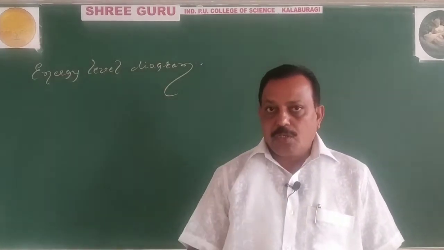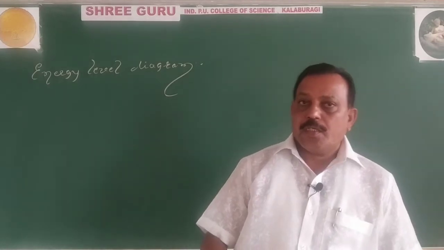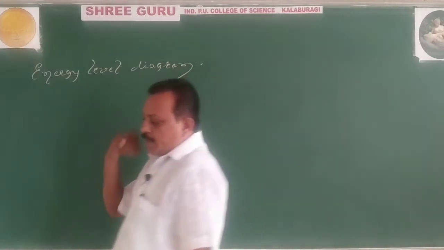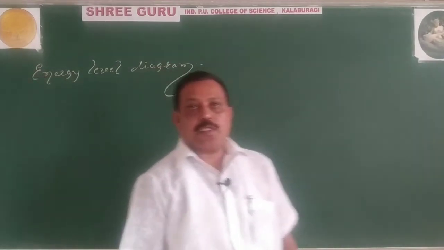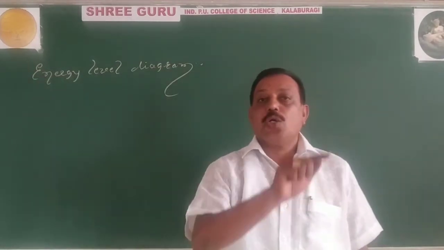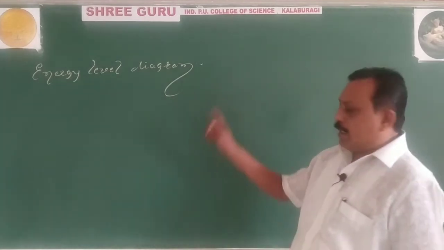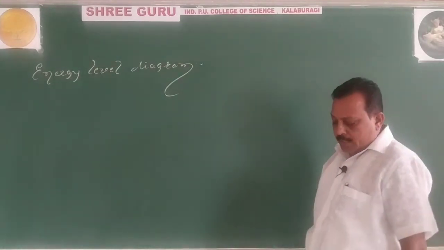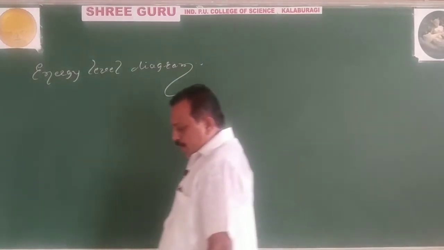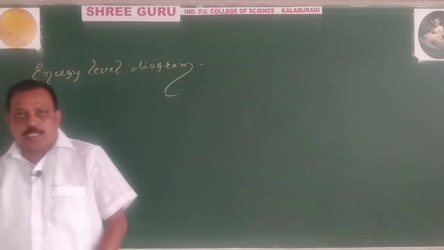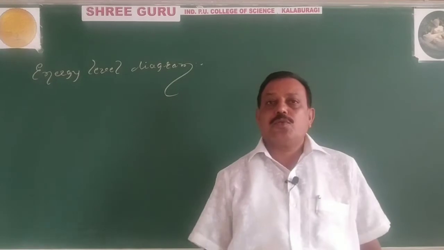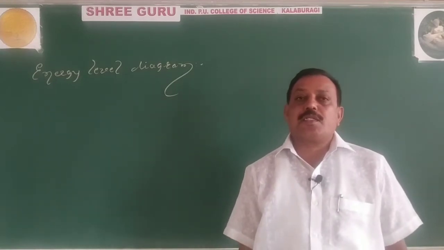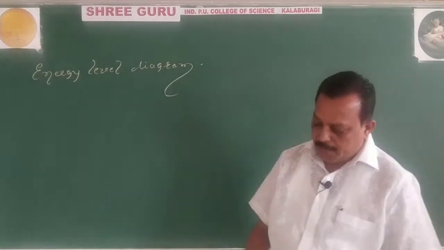The total energy possessed by the electron in the respective stationary orbit is represented by horizontal lines. The electrons which jump from higher energy to the respective energy levels are represented by vertical lines.